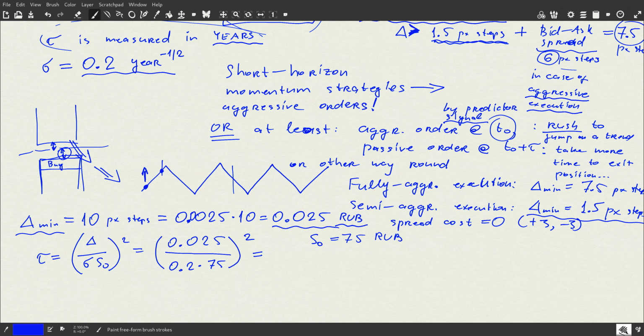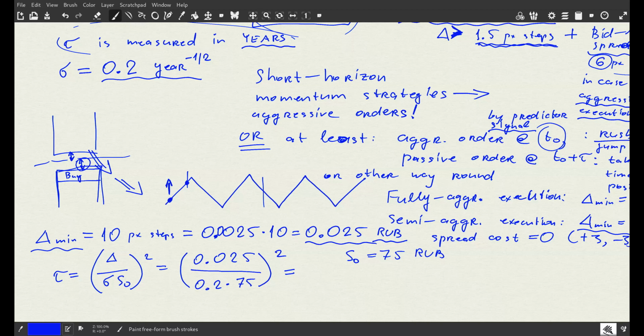And you remember that is in years. So a simple computation says that you can check. Please compute.